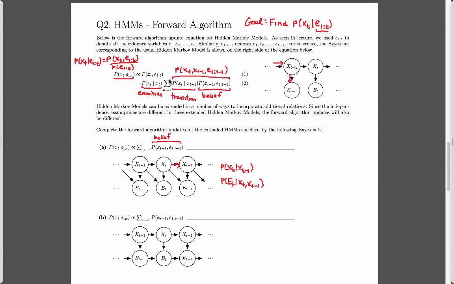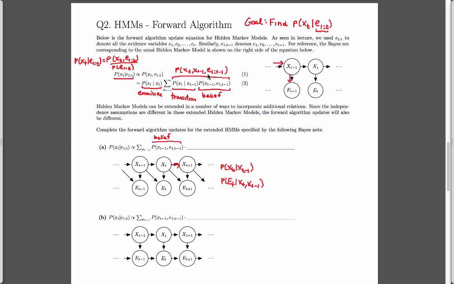And then when you sum over all of the values of x_{t-1}, you're marginalizing out this variable, and the result is the probability of x_t and e_{1:t-1}. And then finally you multiply this by your emission model, the probability of e_t given x_t, and that will give you the probability of x_t and your evidence all the way up through t instead of t-1.